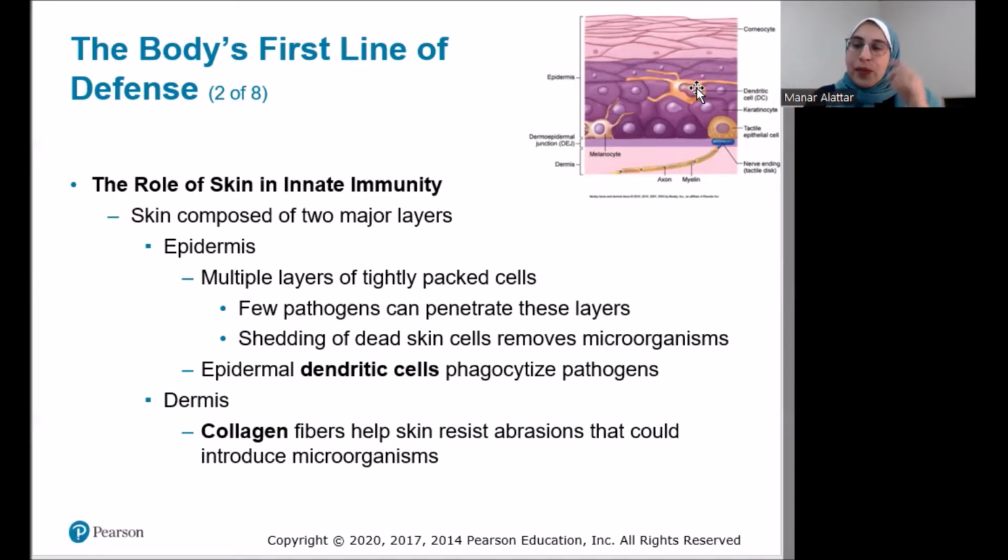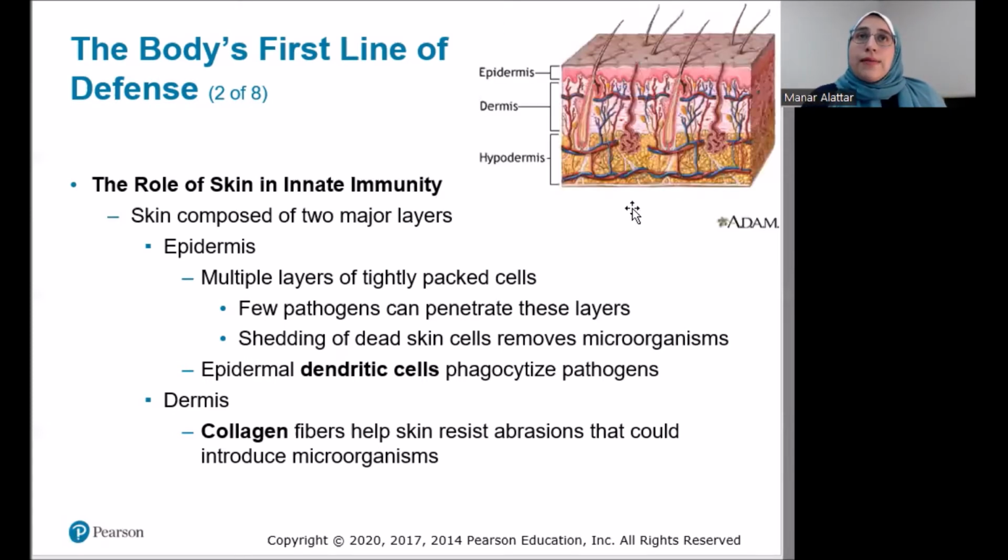They literally eat them. We're going to talk about phagocytosis a little bit later in the lecture today and how that happens, but they do engulf them and eat them. They can also send out signals for the rest of the immune system to pull in other white blood cells as reinforcements if there's an infection or an abrasion of the skin, and so on.